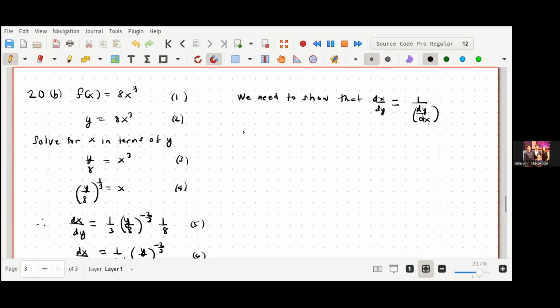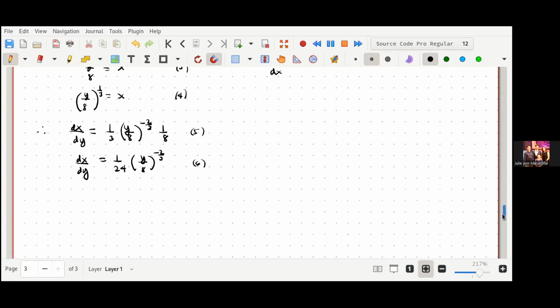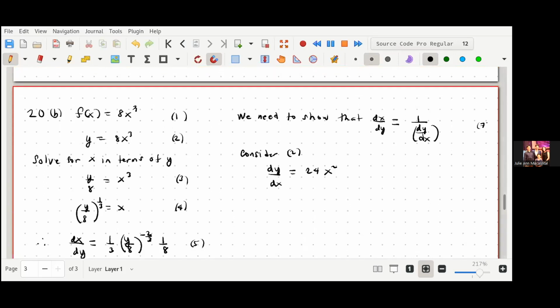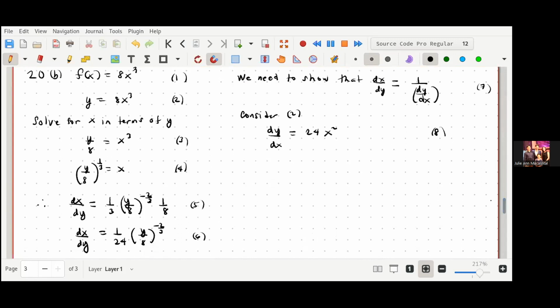So, consider the derivative with respect to x, which must be 24x squared. What equation number is that? 6. So that's statement 7, equation 8, and then what is 1 over dy/dx?